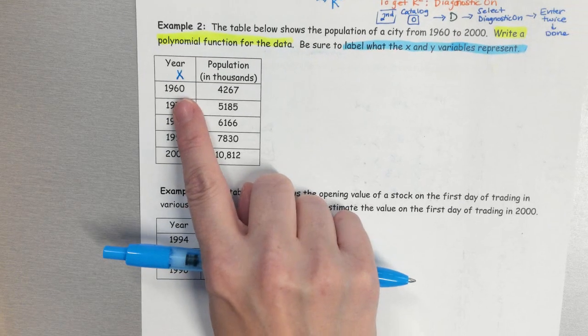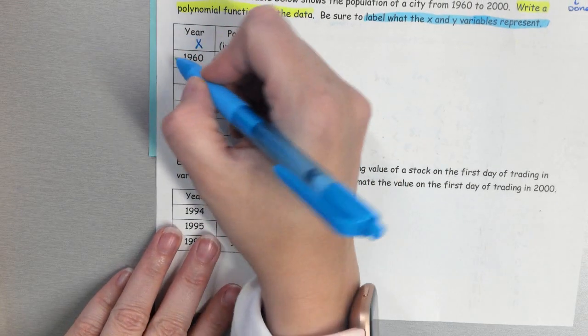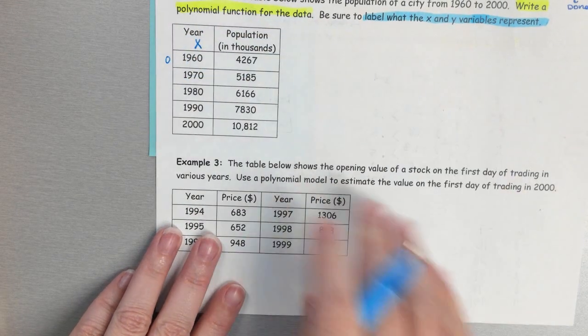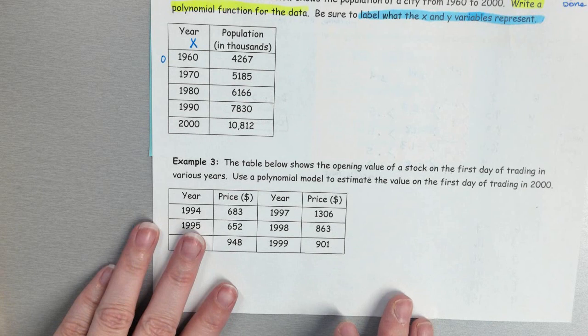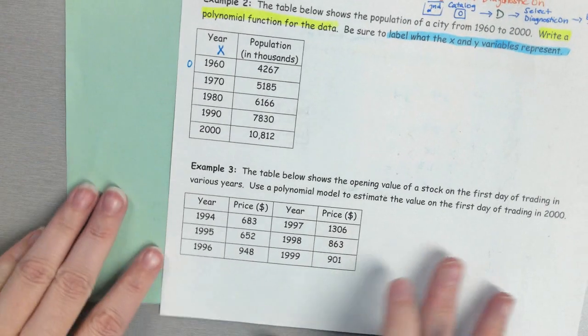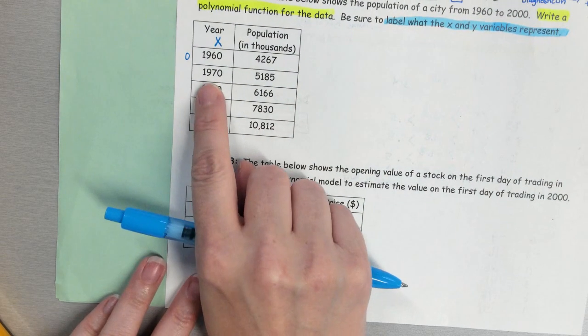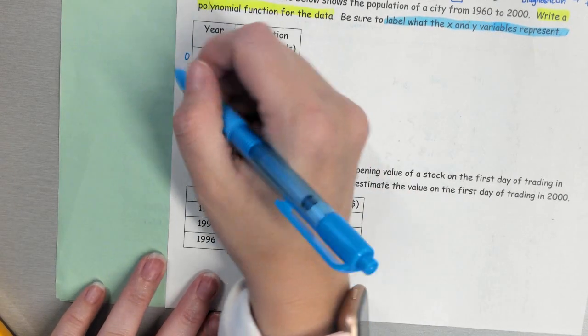You could just make this your starting point. Your starting point, your initial value, that could be 0, right? And if that's your 0, what would 1970 be? 10.